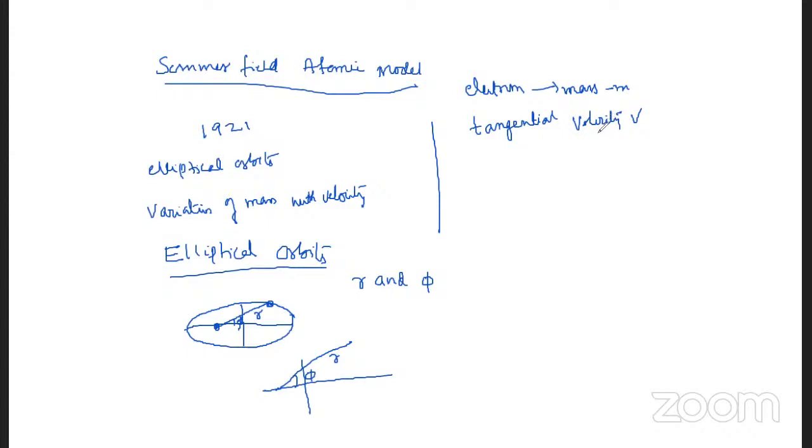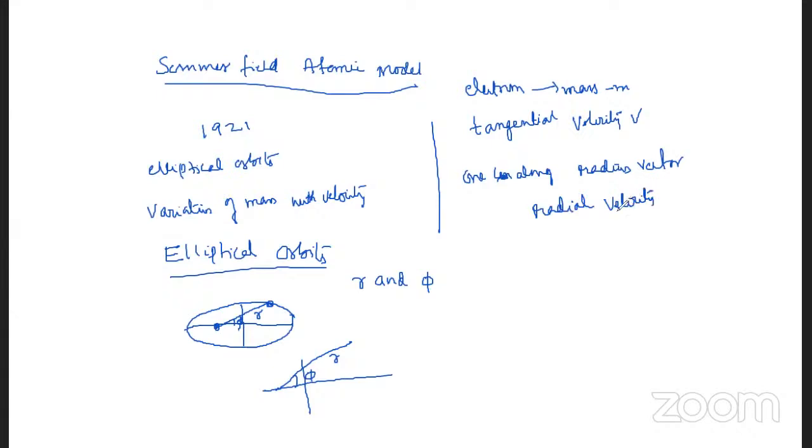The first component is along the radius vector, which we'll call the radial velocity.